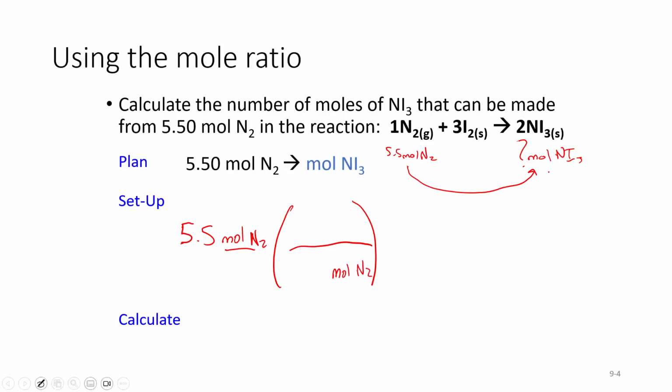And we're converting to moles of NI3. So now the conversions we fill in here come from the coefficients in the equation. So what is in front of N2? The number 1. What is in front of NI3? The number 2.